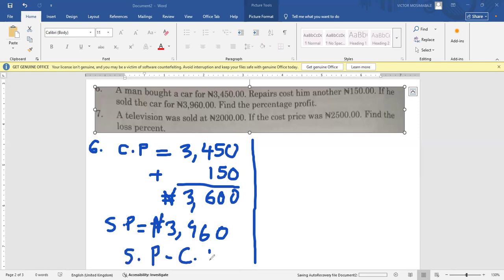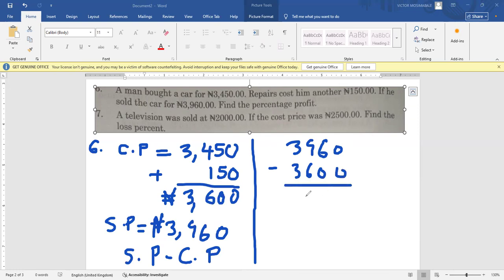We're subtracting 3,960 naira minus 3,600 naira. So we're solving for the profit. 0 minus 0 is 0, 6 minus 0 is 6, 9 minus 6 is 3, 3 minus 3 is 0.